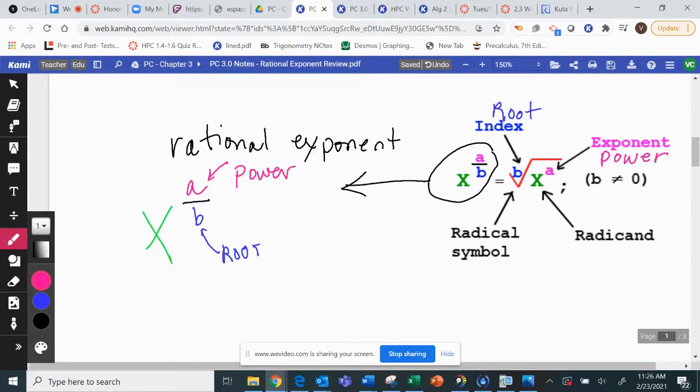Now, I always tell my students, where do roots grow? This is a tree or a plant or something, I don't know. Where do roots grow? Roots grow on the bottom. So that's just a way to remember that roots are on the bottom.